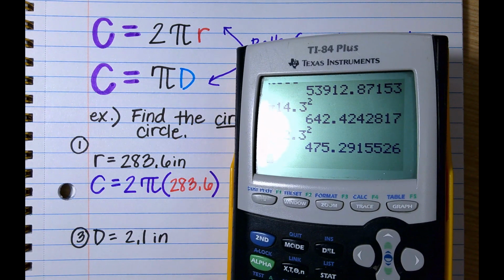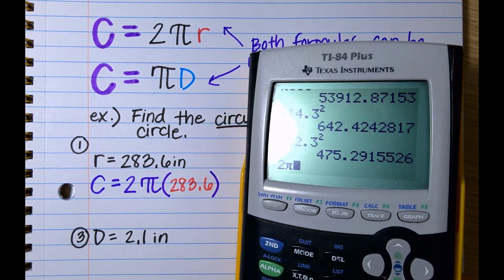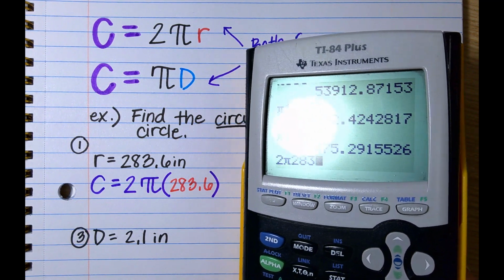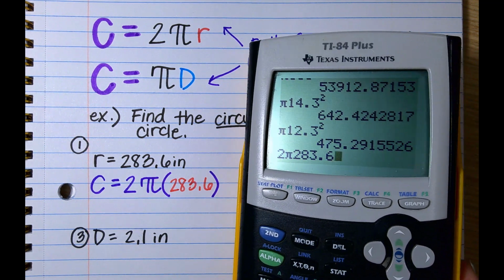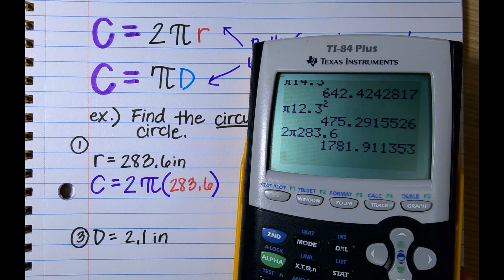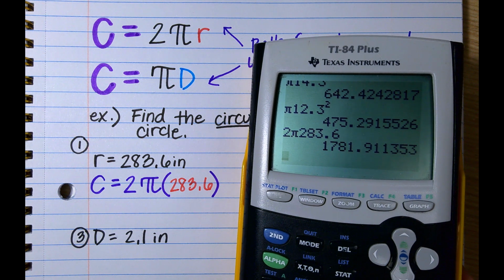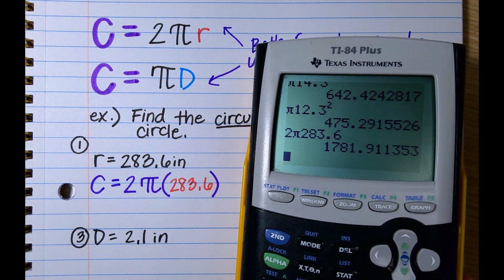I'm going to type that in. 2 pi 283.6. Now don't square it. You should get 1,781.91.